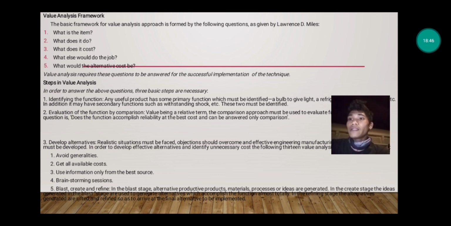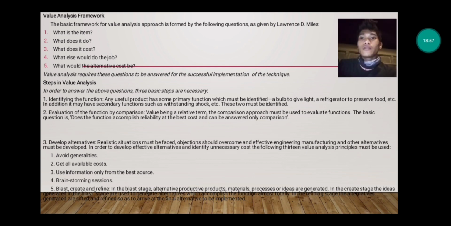Simply identifying the function: any useful product has some function which must be identified, like a bulb to give light and a refrigerator to preserve food, and additional secondary functions such as withstanding shock, etc. These two must be identified.